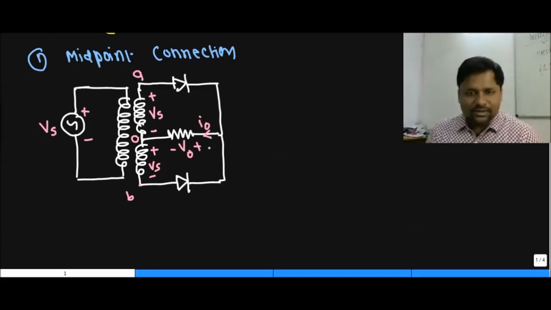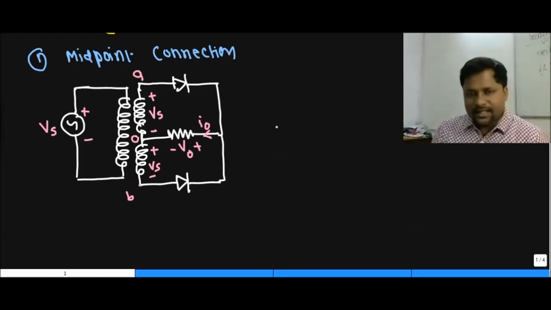This is the assumption we have to make before starting the analysis. You can take plus and minus the other way, but I am taking this for the sake of observation.